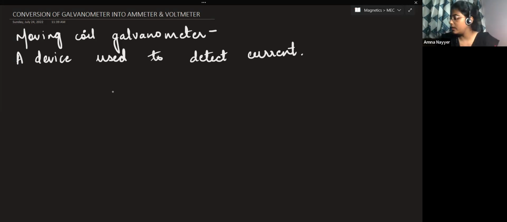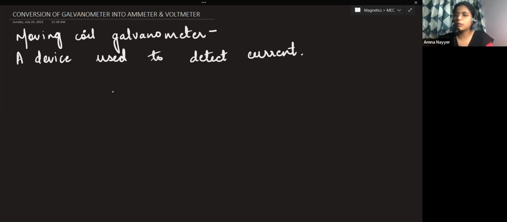What did we study? That the coil was there and the coil kept rotating. This was what we had seen. Why? Because of a force which we call torque. It didn't move forward, backward. It just moved in a rotational manner because of torque.